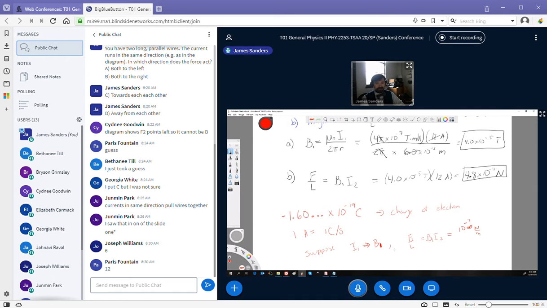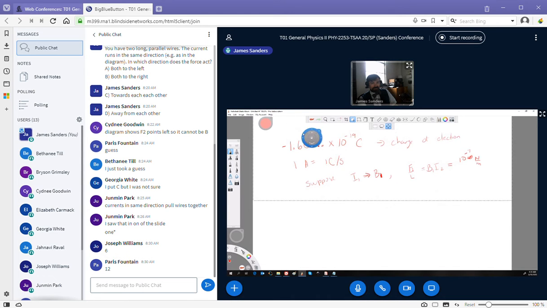Well, the first question is, how far apart are the 2 wires going to be? Let's let the 2 wires be 1 meter apart, another nice round number. Let R equal 1 meter.